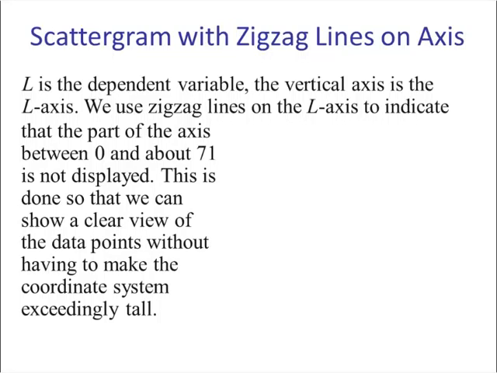We'll use a zigzag line on the L axis to indicate that part of the axis between 0 and about 71 is not displayed. This is done so we can show a clear view of the data points without having to make the coordinate system exceedingly tall.